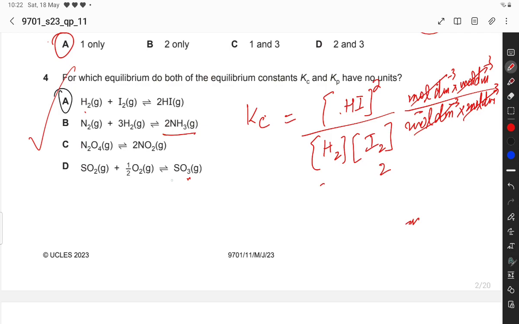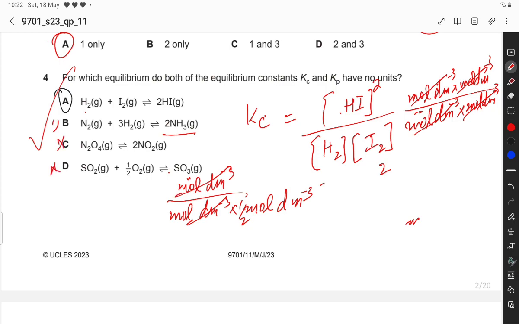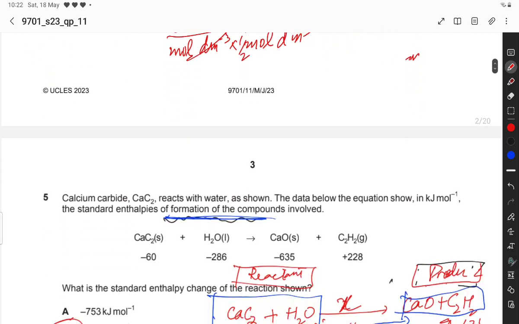Similarly there is a unit of Kc and Kp in this one, only 1 mole per dm cubed in this case, and mole per dm cubed into mole half dm cubed. So this is also incorrect.